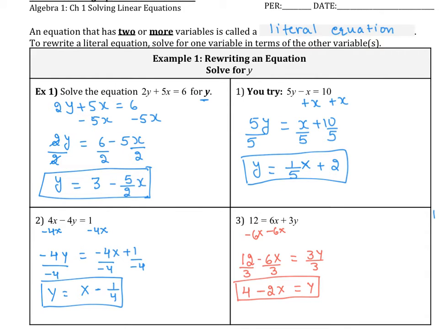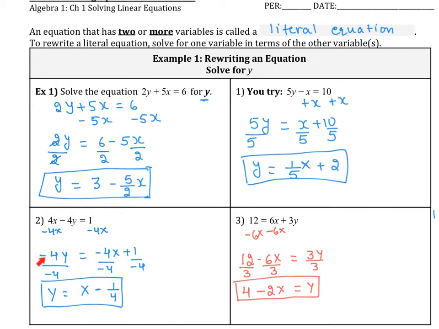For number 2 here, you're going to get the y by itself, so you subtract 4x on both sides. On this side, you're going to get negative 4y, and on the other side, you're going to get negative 4x plus 1. Now you're going to get rid of the negative 4 and divide by negative 4 on both sides.